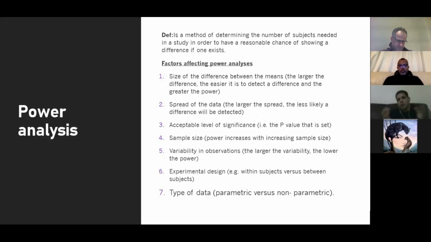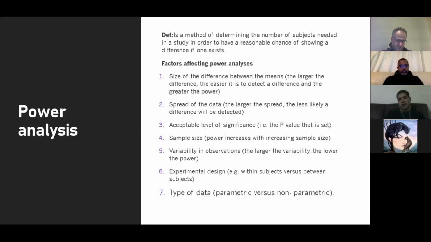There are a lot of programs, or you can seek the assistance of a statistician. You can enter the prevalence of your disease, your incidence, your confidence intervals, and the program will give you the number required for your research.